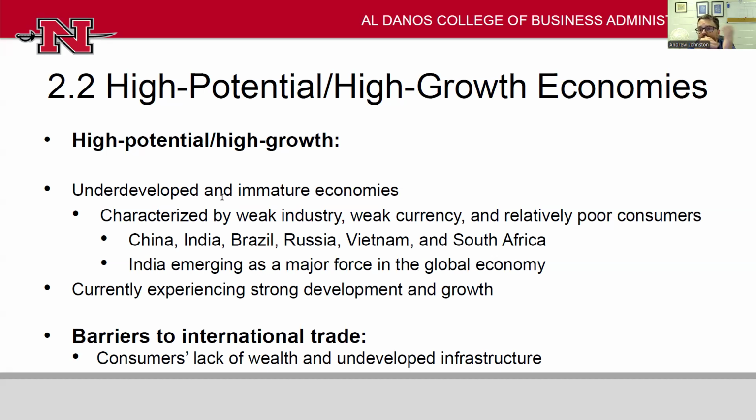Maybe they have authoritarian governments like in Russia or China, or have still high levels of poverty like in Brazil and India, but are industrializing, and the trend of their development is very much upward trending. So they're high potential, high growth. Barriers there might be lack of wealth and infrastructure issues, especially when you get into rural India or rural China.